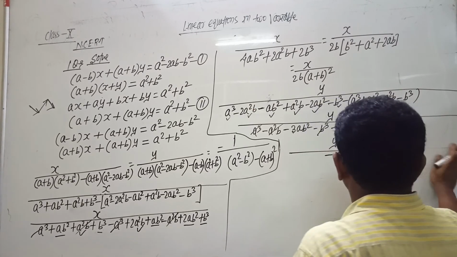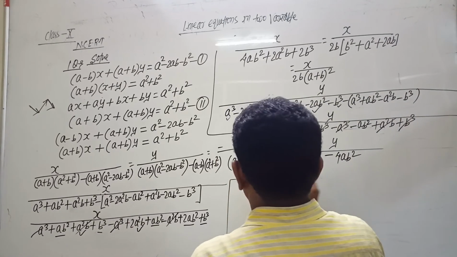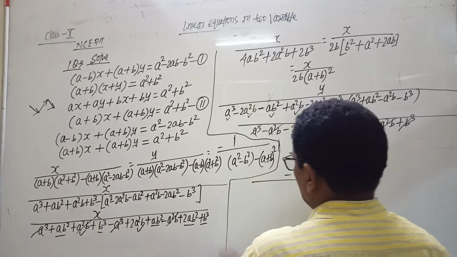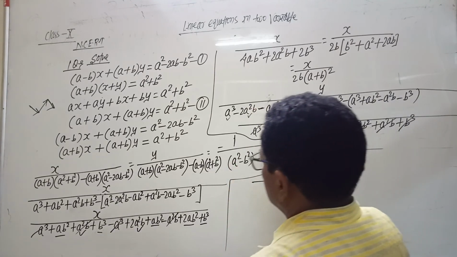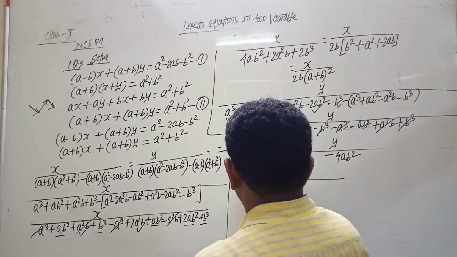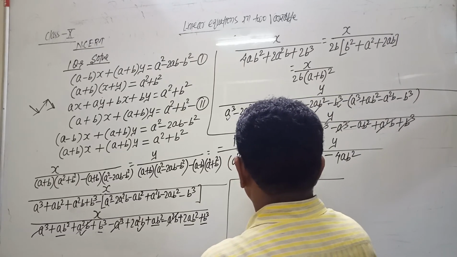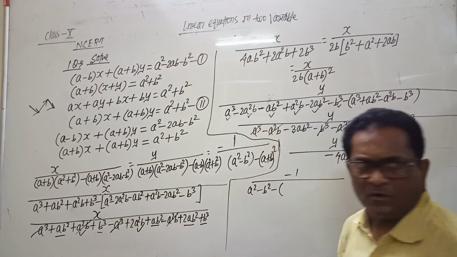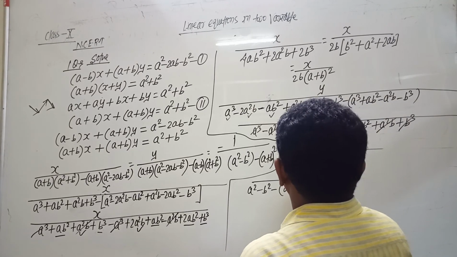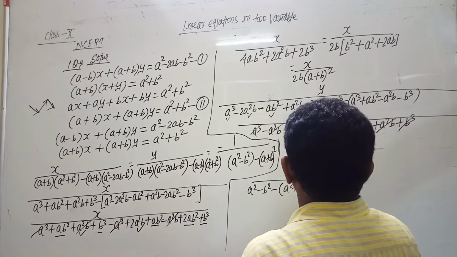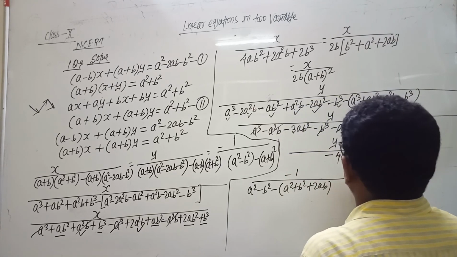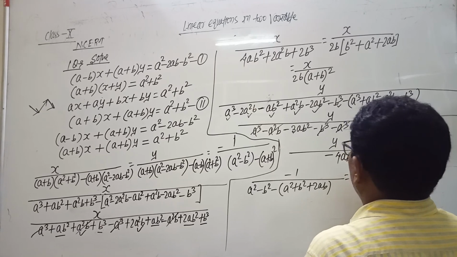Now we solve the term containing 1. So minus 1 upon a plus b the whole square, a square minus b square, minus, remove using the formula a plus b the whole square. So a square plus b square plus 2ab, and minus 1 upon a square minus b square.